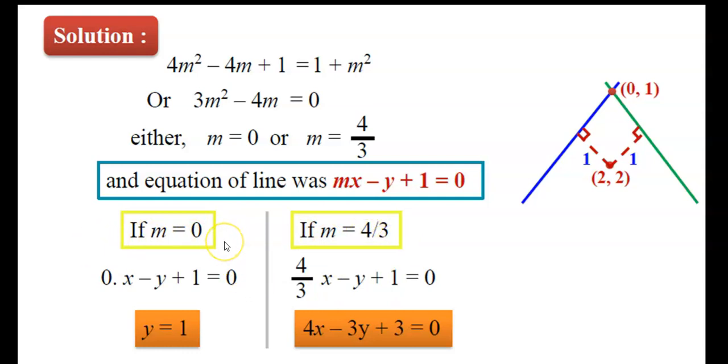When you substitute m equal to 0 in this equation, you will be getting y equal to 1, and when you substitute 4 by 3 in the same equation, mx minus y plus 1, you will be getting another line whose equation is 4x minus 3y plus 3 equal to 0. So these are the two required lines.